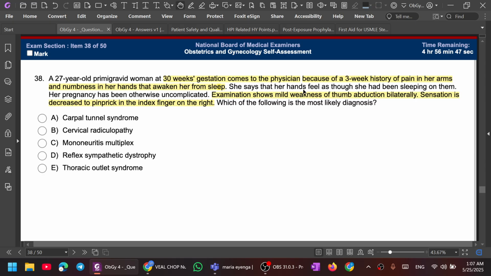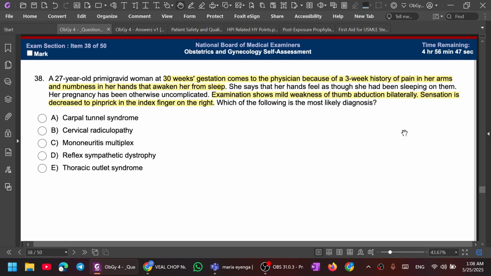She says that in her hands she feels as though she has been sleeping on them. Her pregnancy has been otherwise uncomplicated. Examination shows mild weakness of thumb abduction bilaterally. Sensation is decreased to pinprick in the index finger of the right hand. Which of the following is the most likely diagnosis?